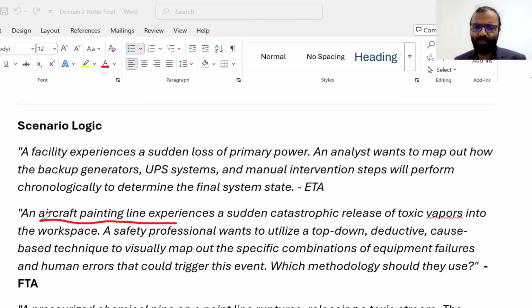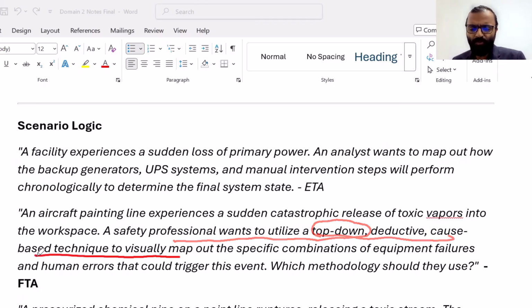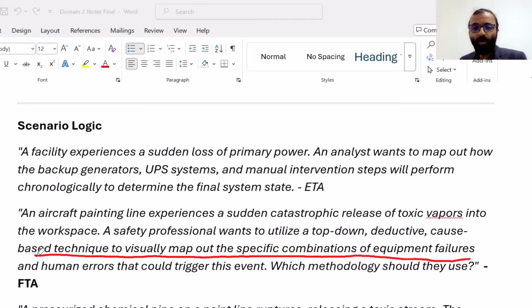Now, in an aircraft, there is a sudden catastrophic release, some vapors have been released. Now, the safety professional wants to utilize a top-down approach. In the question itself, it is given as top-down. Top-down means what? It is fault tree analysis. A deductive, cause-based technique to visually map out the combination of equipment failures and human errors that could trigger this event.